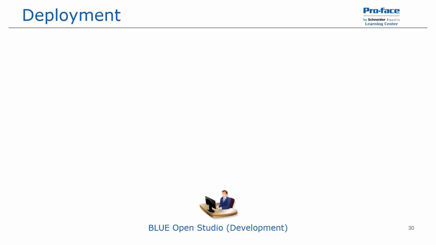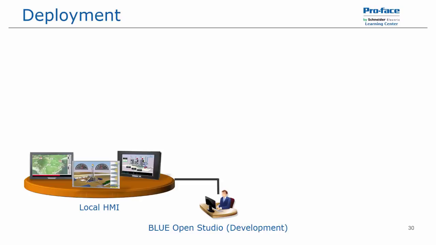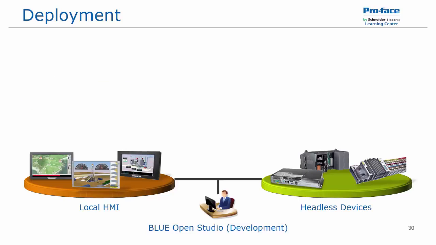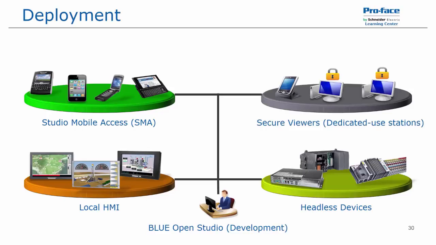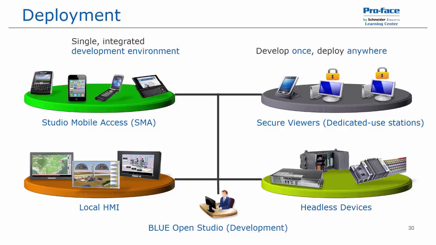A single development station can deploy one or more applications to multiple devices or platforms. So for example, this Blue Open Studio development running on your laptop could develop and deploy to a local HMI or a headless device. It could also deploy to Studio Mobile Access on a phone or mobile device, and also to Secure Viewers, which we are considering dedicated use stations. A single integrated development environment that allows you to develop once and deploy anywhere.